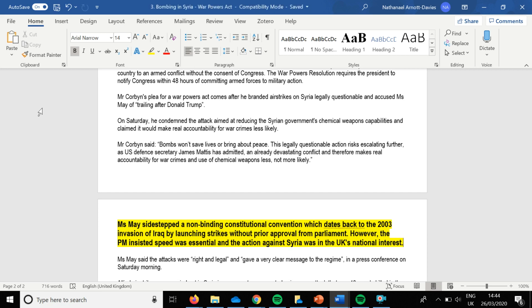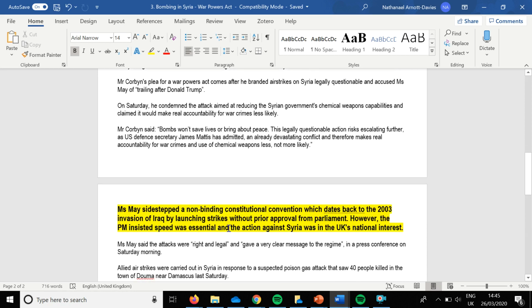So since 2003, despite the fact that the Prime Minister has Commander-in-Chief powers, they had not used any force or airstrikes without the approval of Parliament first. This was a convention that was followed by previous Prime Ministers. But the PM insisted that the speed of the action required was essential and that she could not go to Parliament first. So she could not get the approval of Parliament.